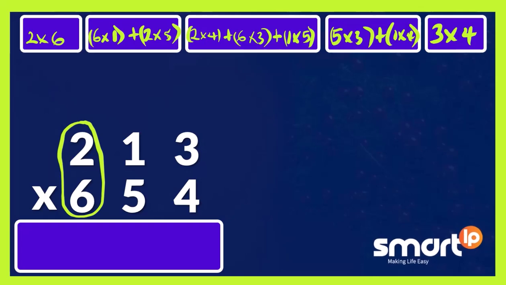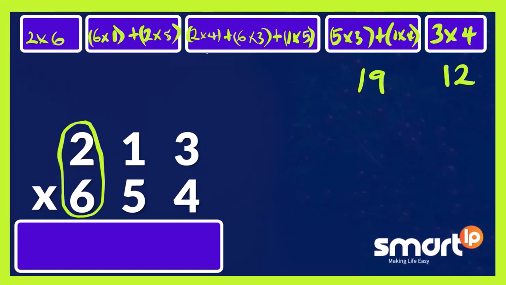The next thing is to write down the result of what is in the boxes. Let's start with the last digit, which is 3 times 4. 3 times 4 gives us 12, so let's write everything out first. Then 5 times 3 is 15, and 1 times 4 is 4. 15 plus 4 gives us 19, so let's write out the 19 there.